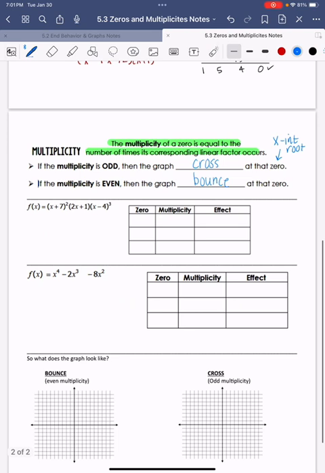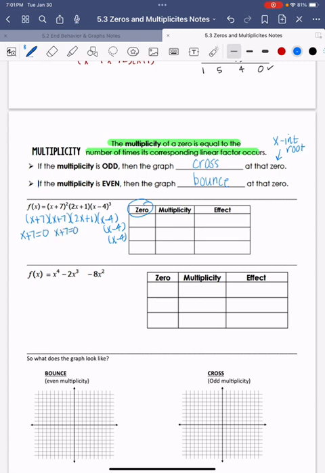So if I give you this function, x plus 7 squared is the same thing as x plus 7 times x plus 7. I really don't want to multiply that out, but I'm not going to. There's going to be shortcuts. To find the zeros, you would say x plus 7 equals 0, and you would have that twice.